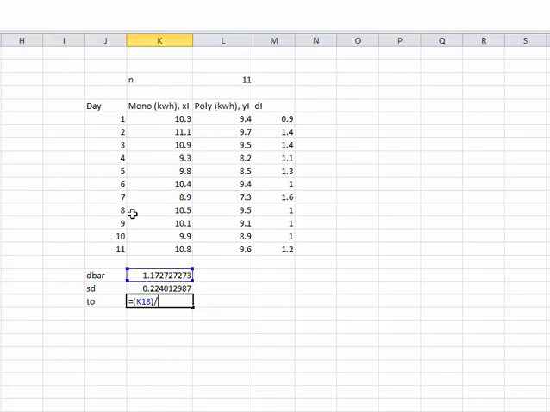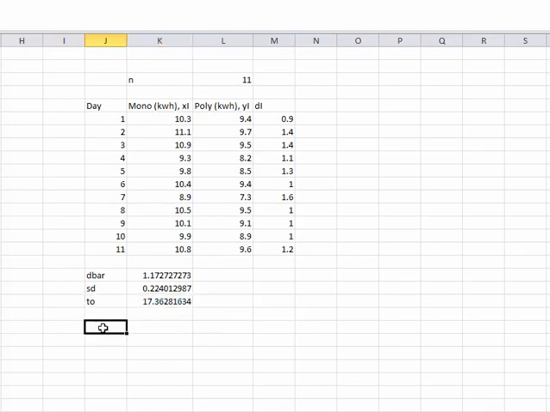Then we're going to divide it by the standard deviation divided by the square root of our sample size, and we've computed a T naught of 17.34.